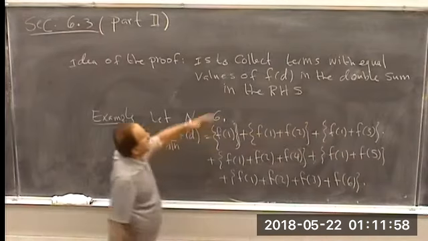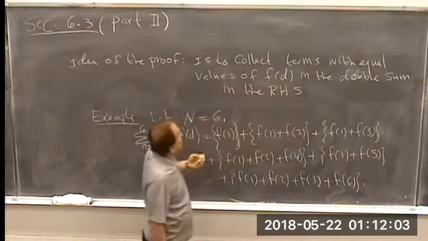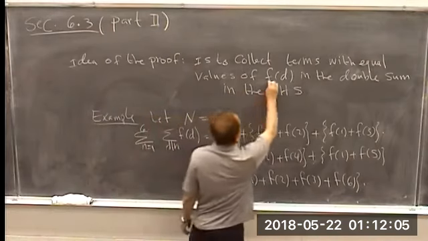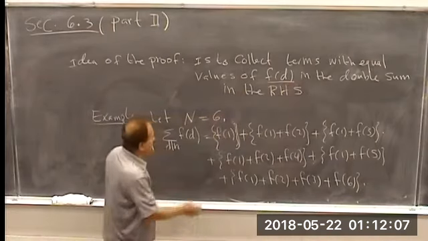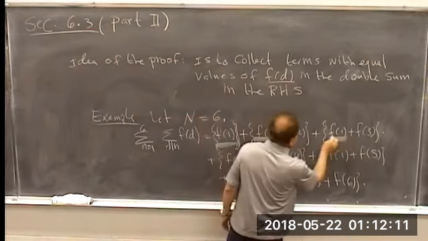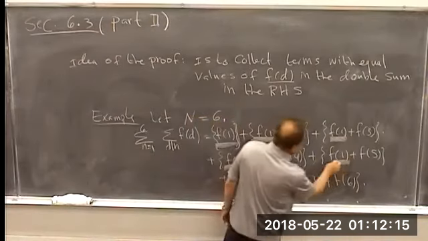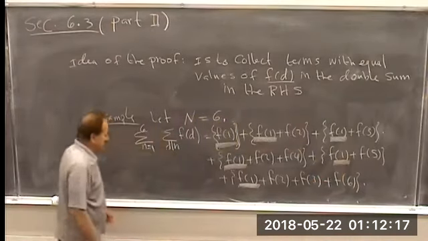Now we're going to collect all the terms with equal values of f of d. So the f of 1, how many of these do we have? We have all of these, and there are 6 of them.